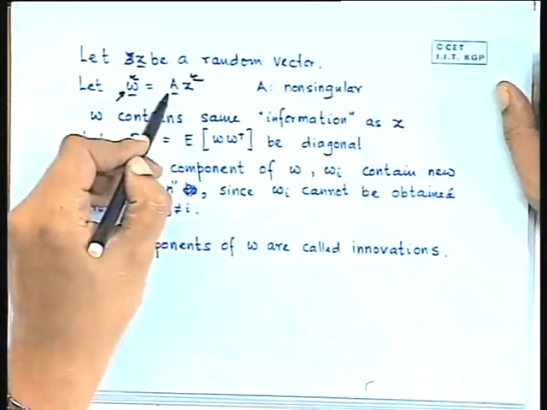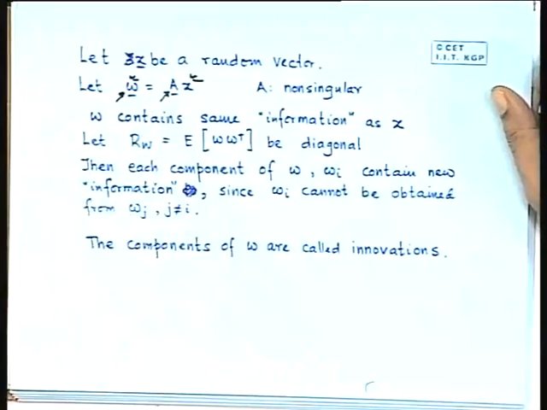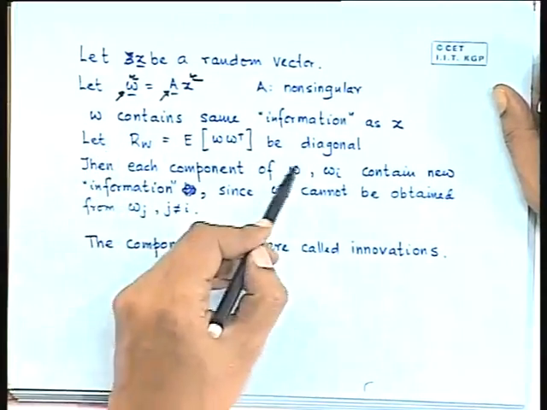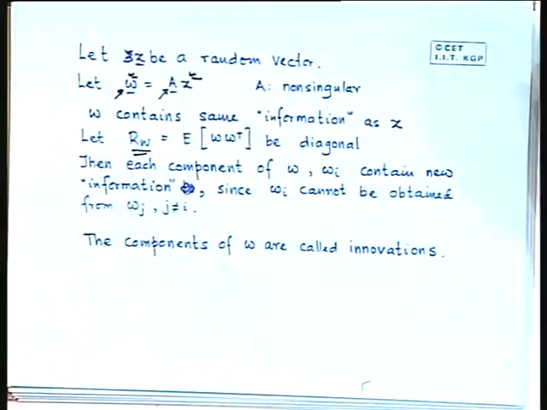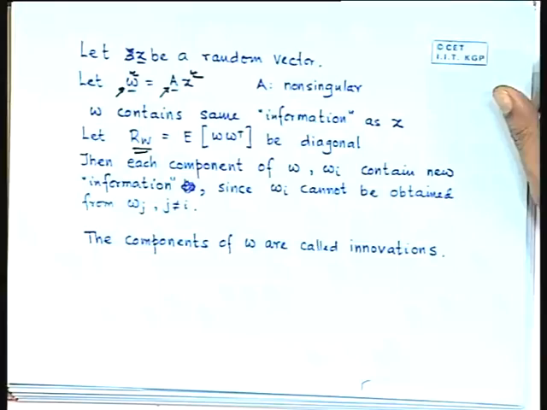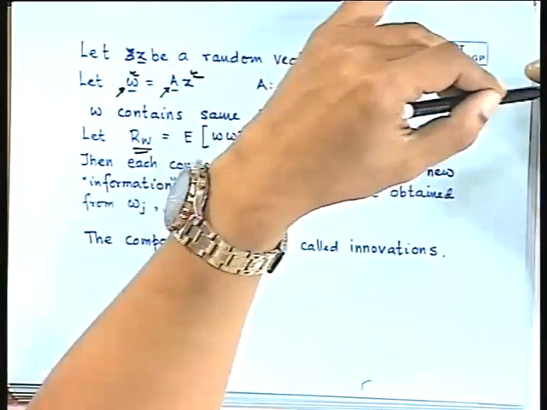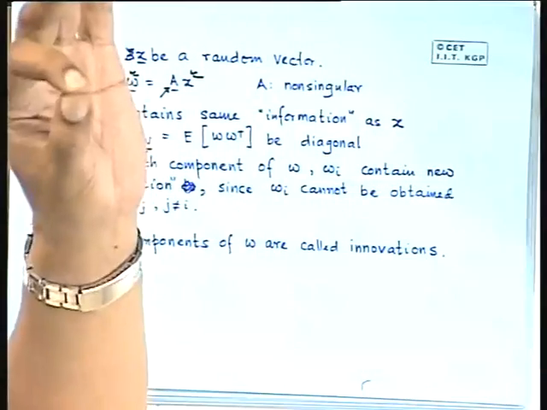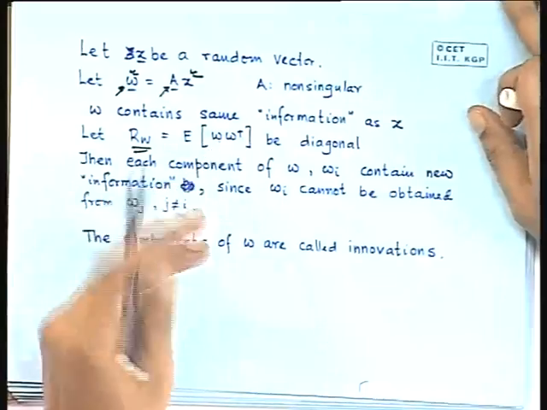Now if you can generate this W in such a manner that Rw, the expectation of W W transpose, is diagonal. What does that mean? It means, what are the elements of this?